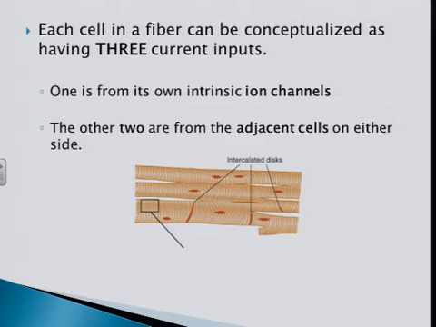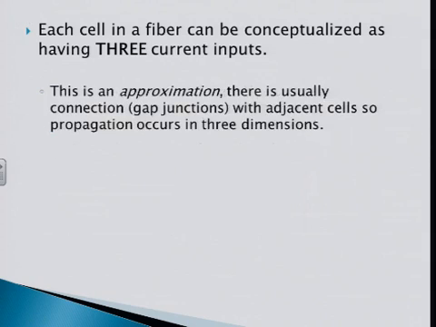And so we now have two ways that we've talked about, which is longitudinal current flow and transmembrane current flow. So we can think of this as 3 inputs to a cell, one of which is the cell membrane, and then we can think of gap junctions on one end of the cell and gap junctions on the other end of the cell as the other 2 inputs. So they're getting their inputs from the cells on either side. This is an approximation.